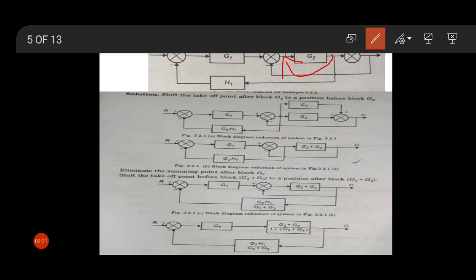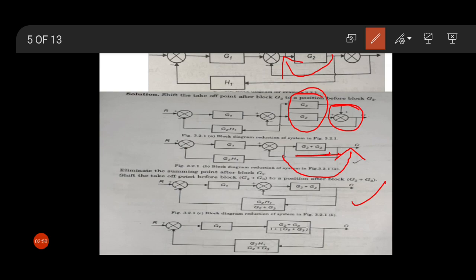After that we eliminate this summing block. If we eliminate this summing block, then these two gains are adding here. After that we move this take off point from here to here. After moving it, we get this type of structure.